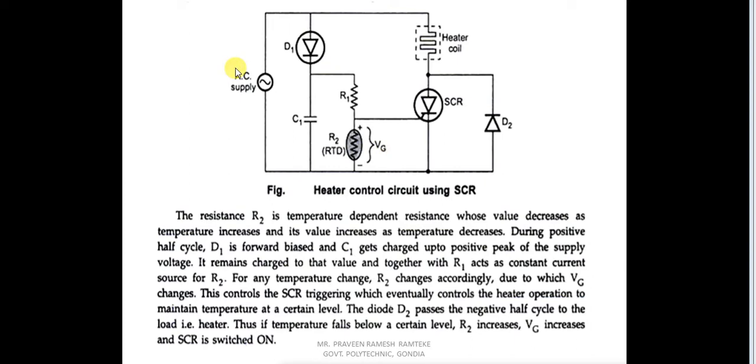So during the positive half cycle of the AC input, the diode D1 is forward biased. As the diode D1 is forward biased, the capacitor C1 gets charged through the series resistance of the diode, up to the positive peak of the supply voltage.